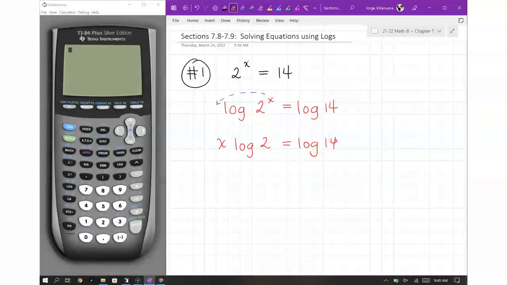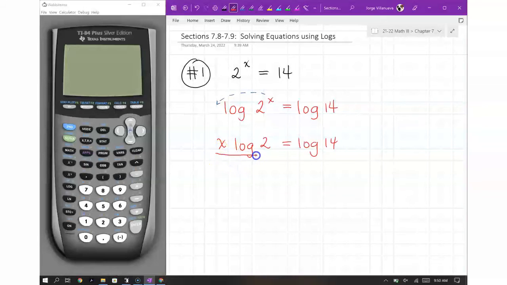Now, if I want to get x by itself, what do I do with log of 2? Should I add, subtract, multiply, or divide? Because right now it's x times log of 2. So how do I get rid of the times? The opposite of multiplication. Divide, right? You want to do the opposite.